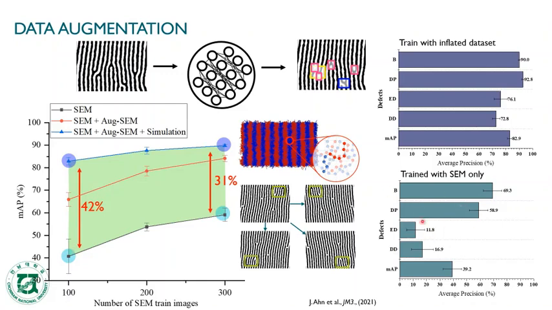So you can see the performance for each type of defect. This kind of approach shows how data augmentation and simulation-assisted data sets can help apply machine learning to polymer systems.